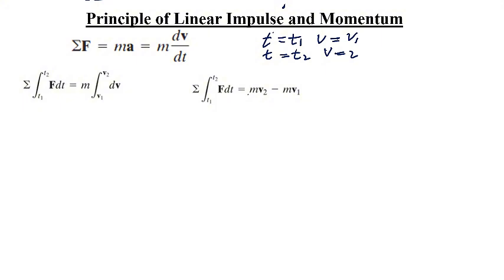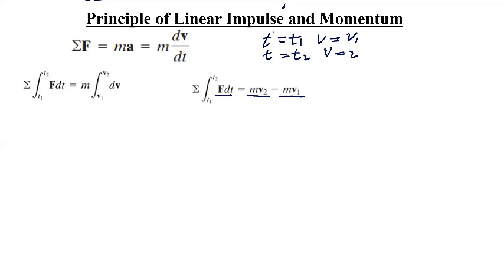Here mv2 is the final momentum and mv1 is the initial momentum. This is the change in momentum, and this F dt is impulse. So this equation is referred to as the principle of linear impulse and momentum.